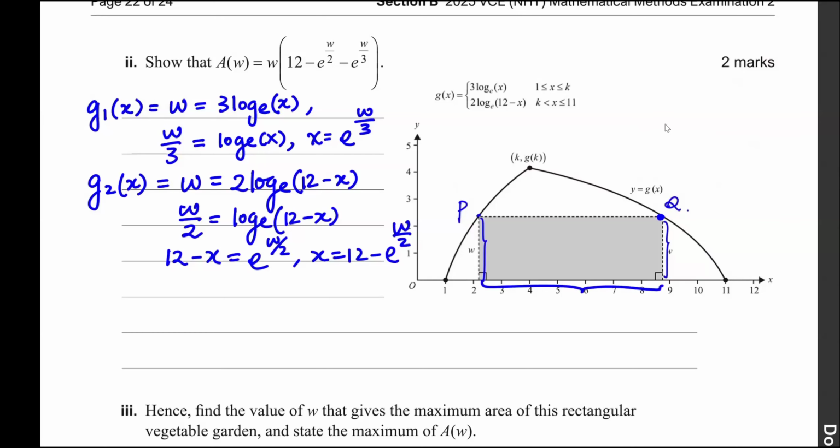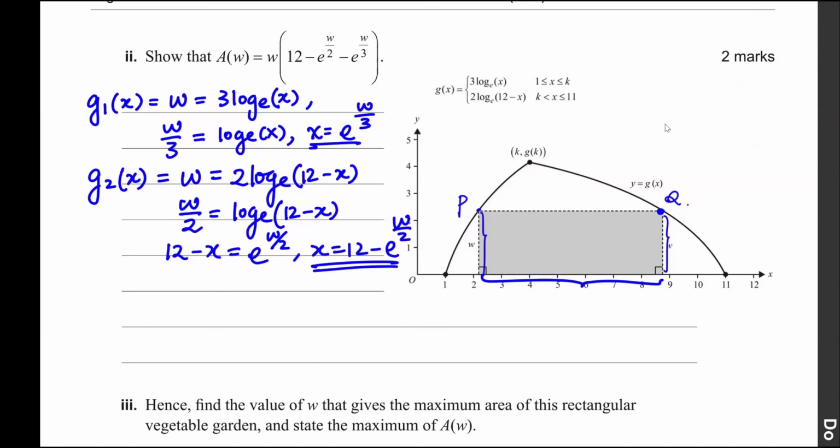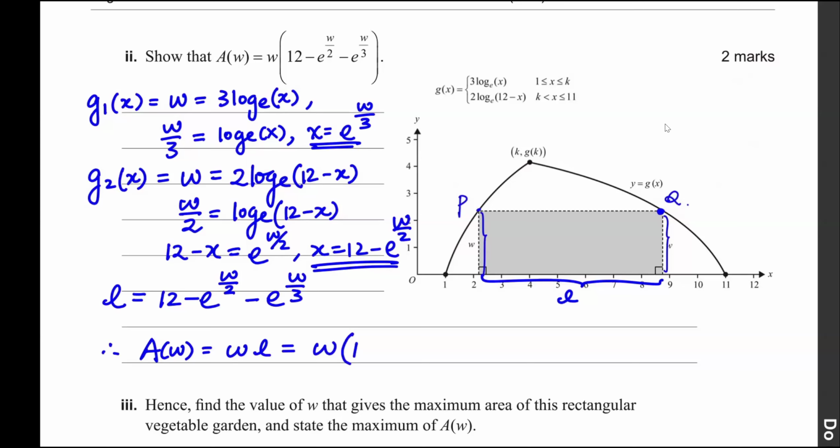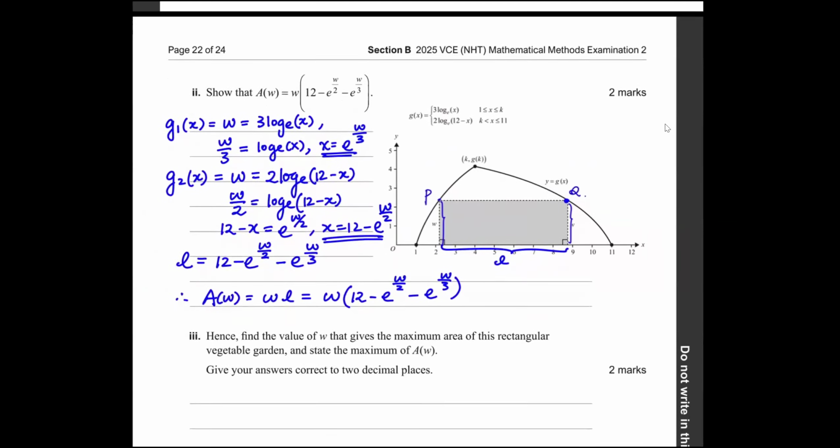And the difference between these two x values will be the length here. So L equals 12 minus e to the power W on 2 minus e to the power W on 3. Therefore, A(W) is W times L. That is W times (12 minus e to the power half W minus e to the power W over 3). So to show that is finished.